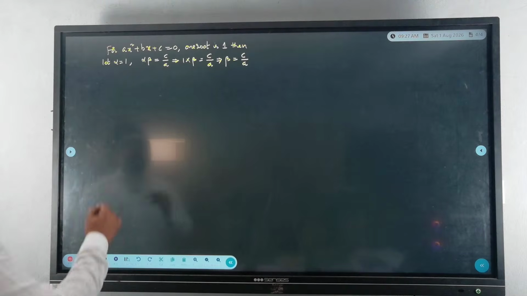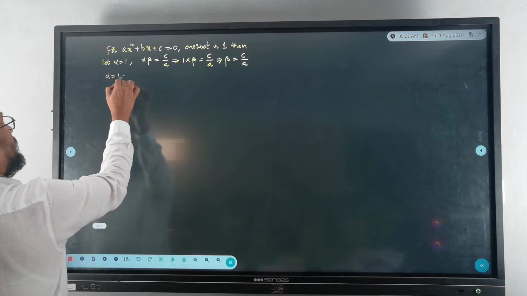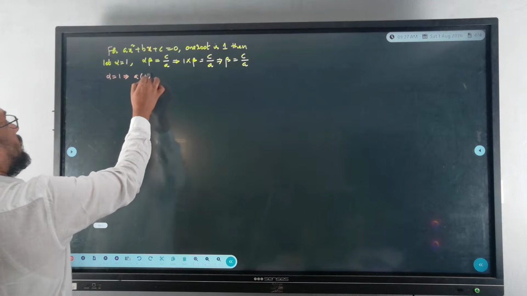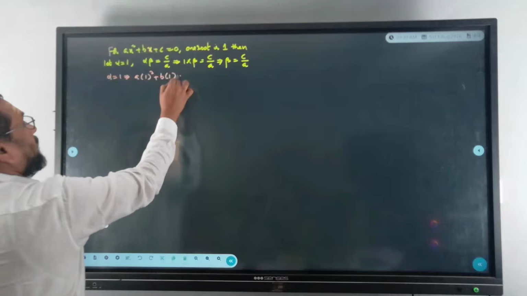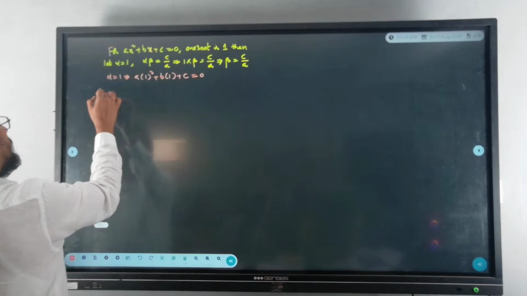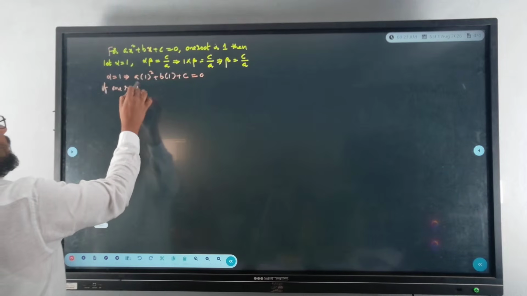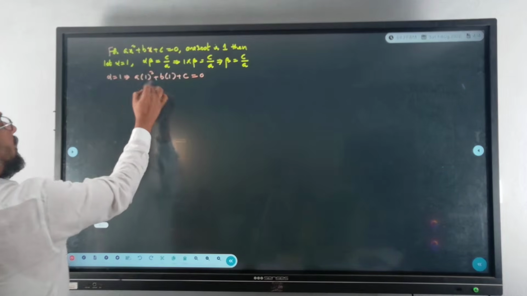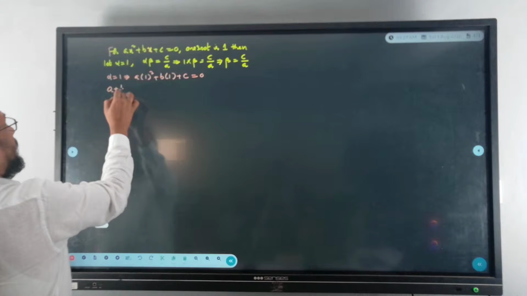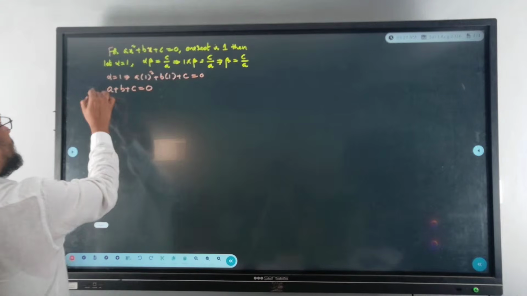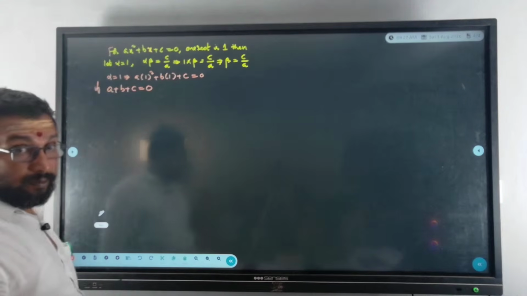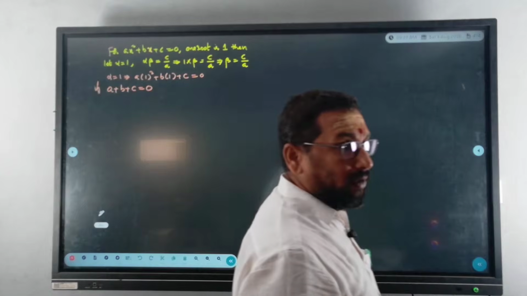Now alpha is equal to 1, then a into 1 square plus b into 1 plus c is equal to 0. So if one root is 1, here what we'll get? a plus b plus c is equal to 0.